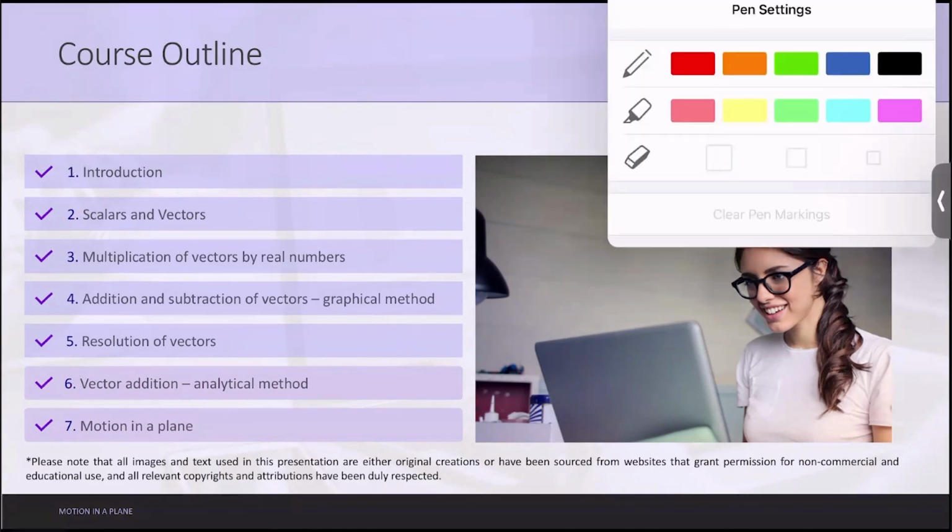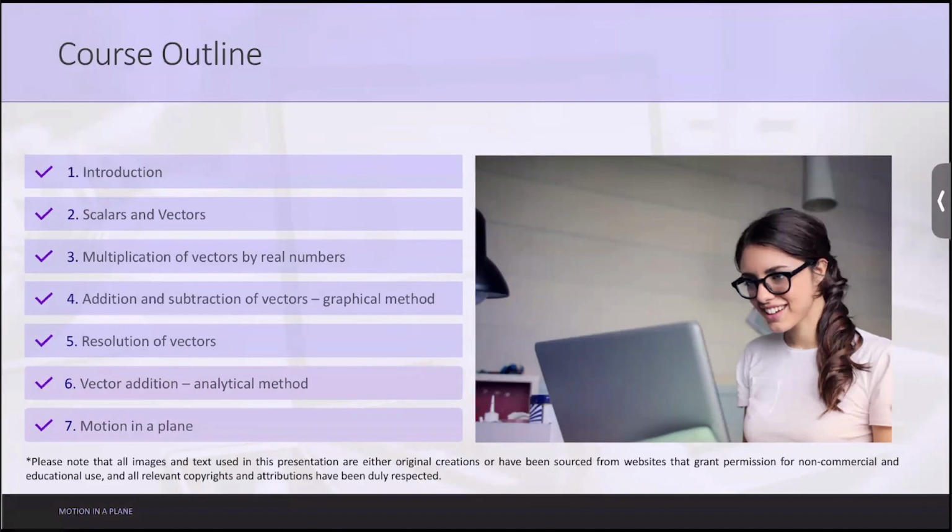The next thing, we understood the difference between a scalar and a vector. We understood some of the properties of vectors, in which one property included multiplication of vectors by real numbers. Then in the fourth point, addition and subtraction of vectors, we understood how we add and subtract vectors graphically.